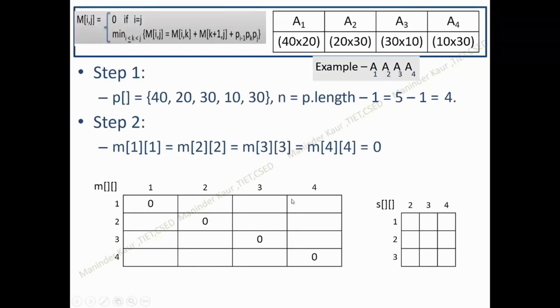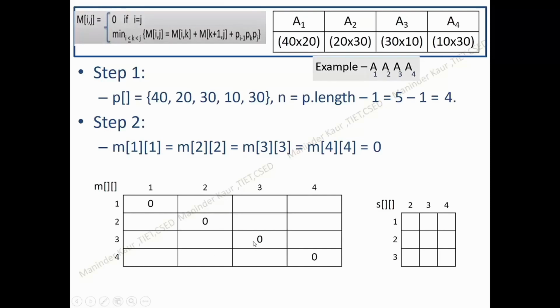For this purpose, we are creating an array where we will initialize the first values as 0, 0, 0. This means m1,1, the cost of multiplying the matrix that is merely the first matrix A1. Because there is a single matrix, no multiplication is involved, that is why the value here is 0. Similarly, for m2,2 the value will be again 0 because a single matrix A2 is involved.